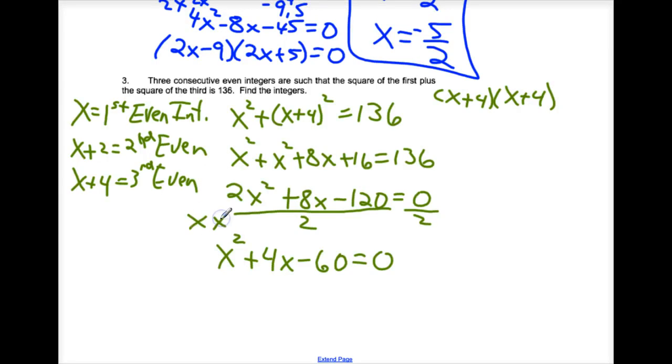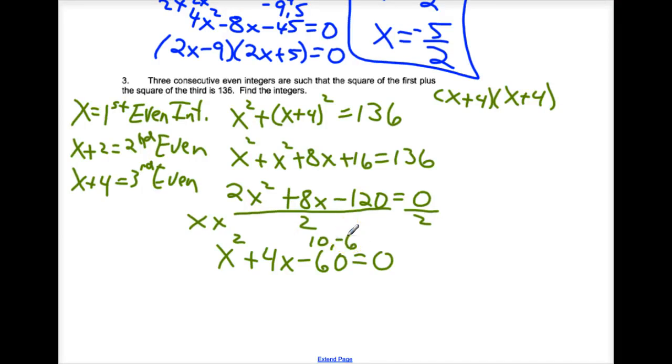All right, don't blurt it out if you know it. Get your factors of negative 60 that make 4. Practice, practice, practice. Use your brains. It's 10 and negative 6.